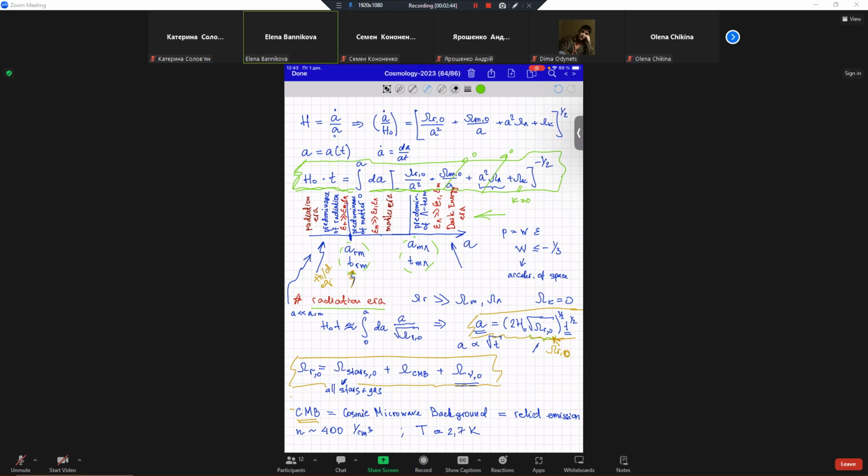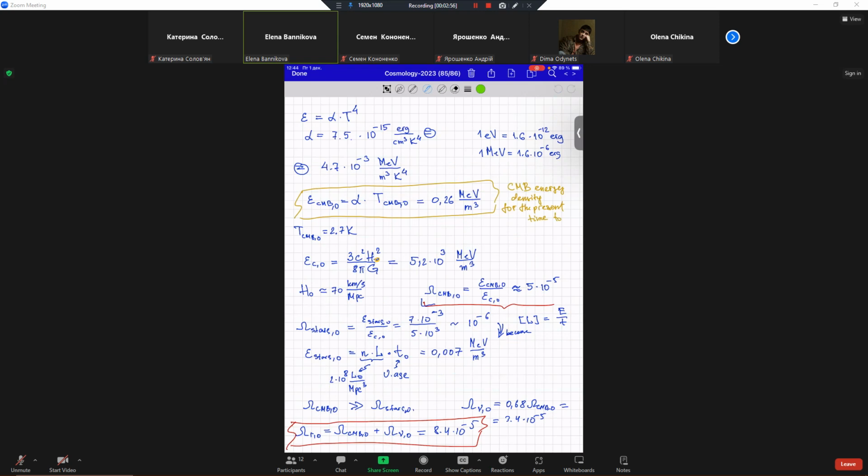We looked at the relative density of radiation, and the conclusion we could make is that when we speak about radiation, it means the emission of all stars during all the time of the universe's existence.